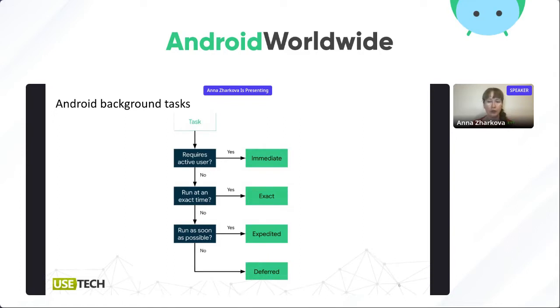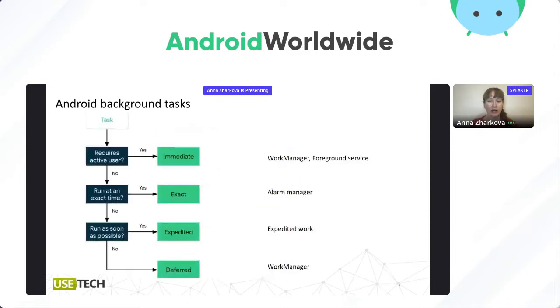To be in the paradigm of saving energy, most of our work should be deferred in launch. And exactly, we should do most of our work in the foreground, but there could be several situations when we need to keep the functionality of our application even in a background state. So for all these kinds of tasks, we can use different mechanisms.